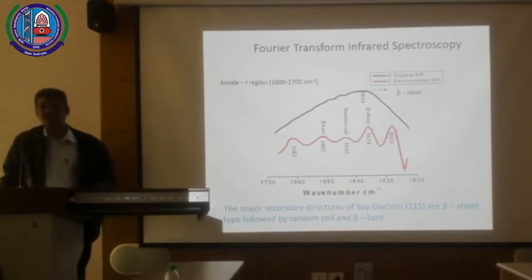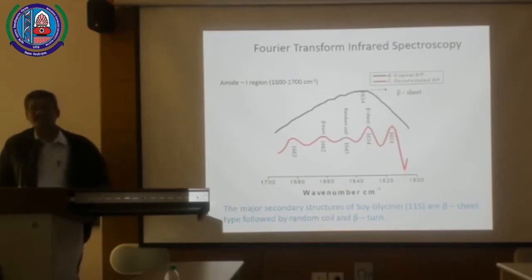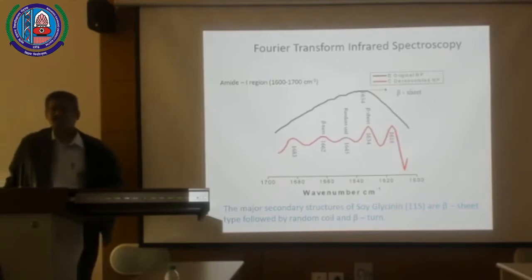Now there is one more thing. Basically in FTIR we get vibrations, bending and stretching vibrations, and when we do bending and stretching vibration, we get a peak, and that peak corresponds to a particular bond. It may be a carbon-carbon single bond, primary, secondary, and tertiary.